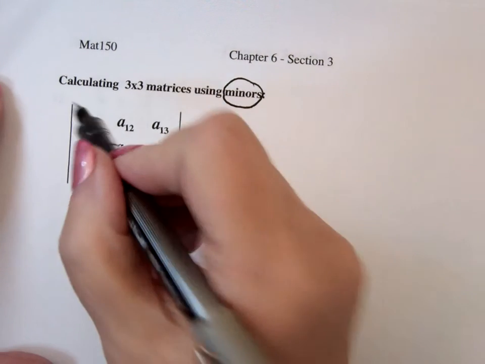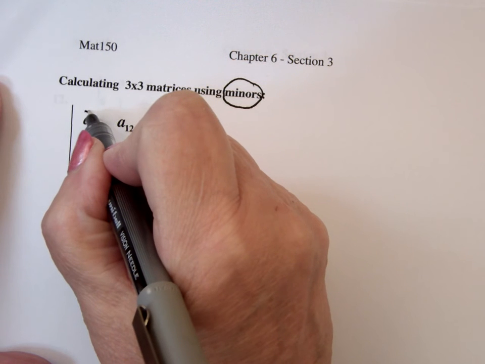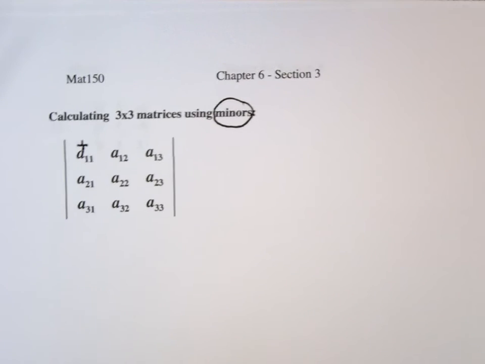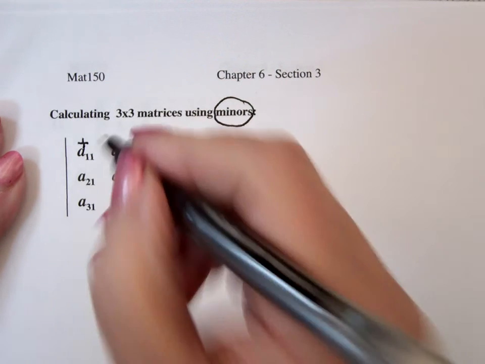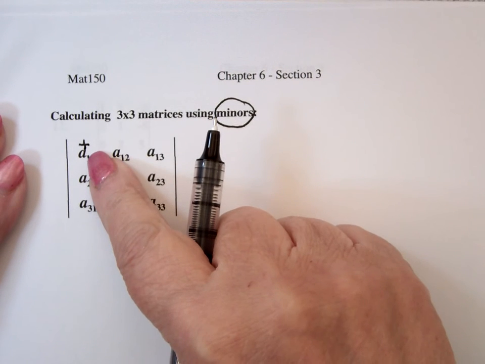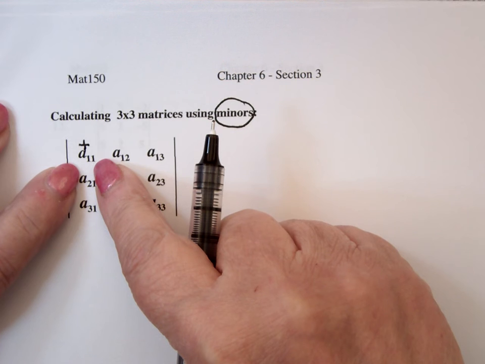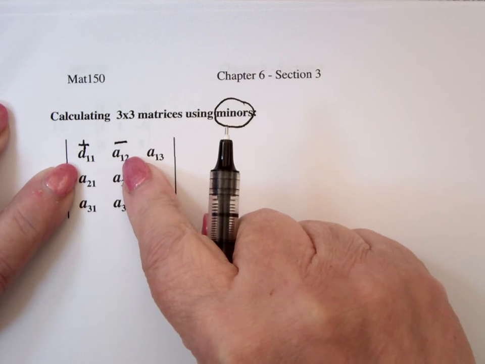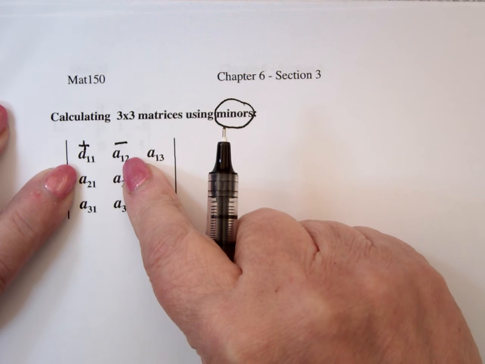Now, you start in the upper left-hand corner, it is always plus. And then it alternates. That means I would add the minor associated with this element. If that's a minus, I would subtract the minor associated with this element.